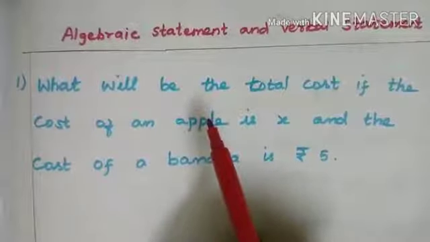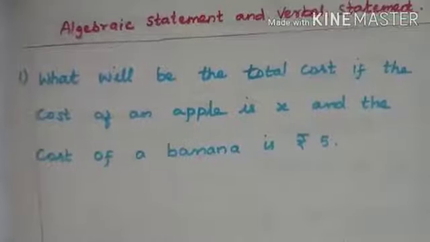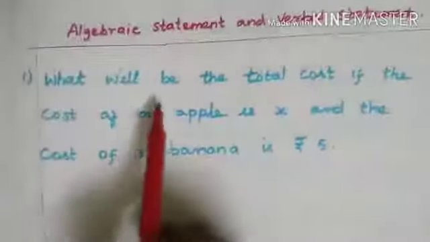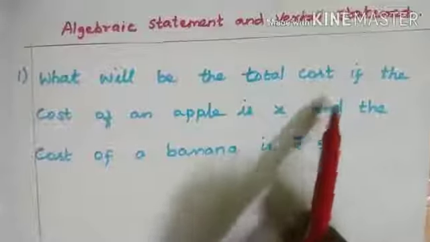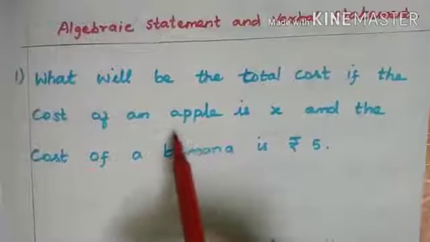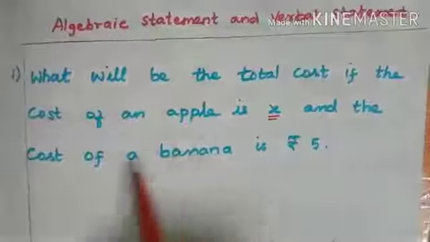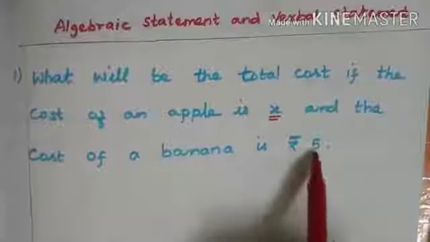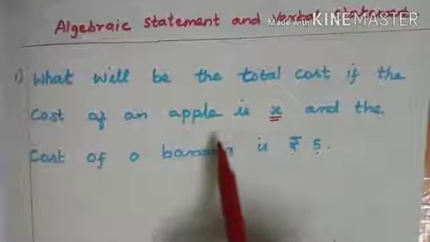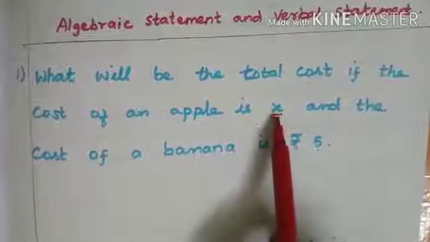Also, we can frame algebraic statements. Now you see, what will be the total cost if the cost of an apple is x? We don't know what the cost of an apple is. It is given to be x, and the cost of a banana is rupees 5. The cost of an apple is x. That is not a number, it is a variable.